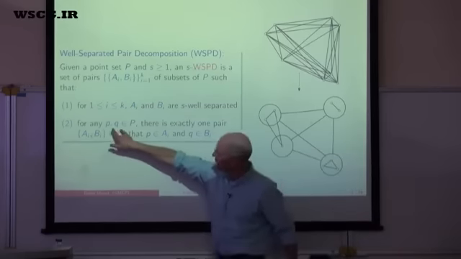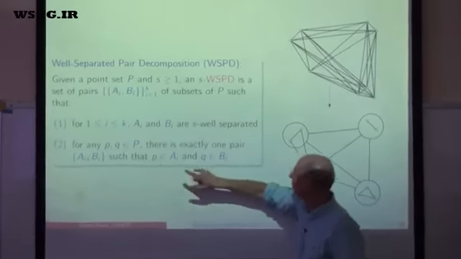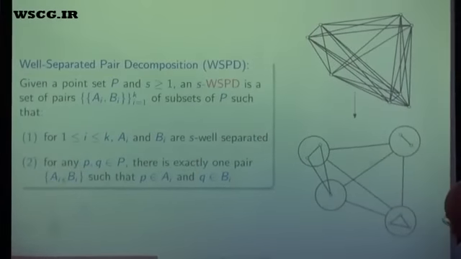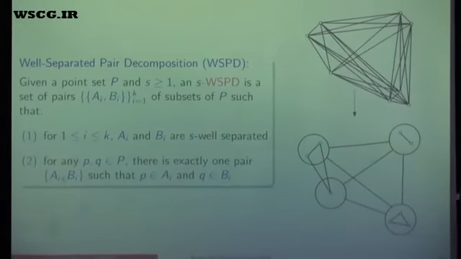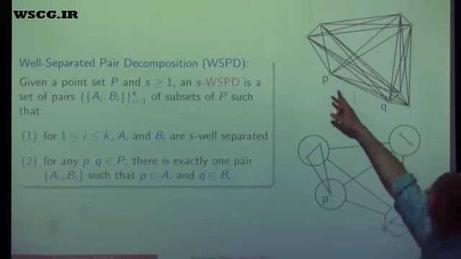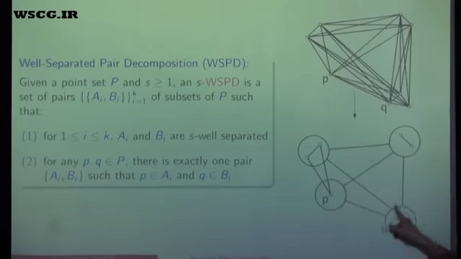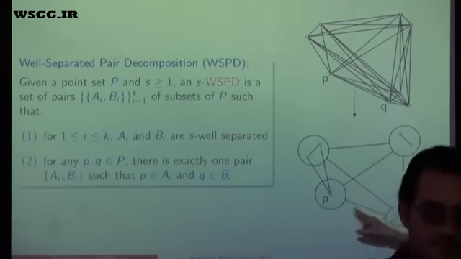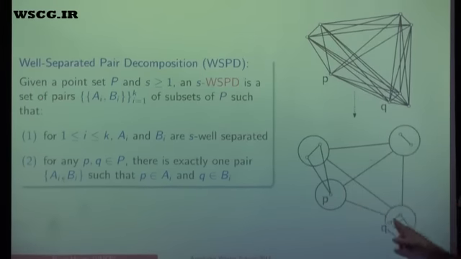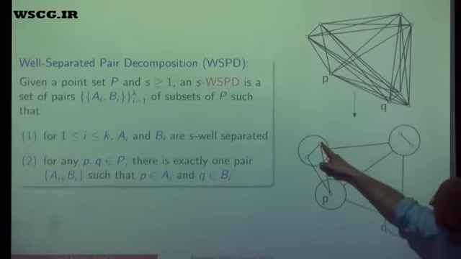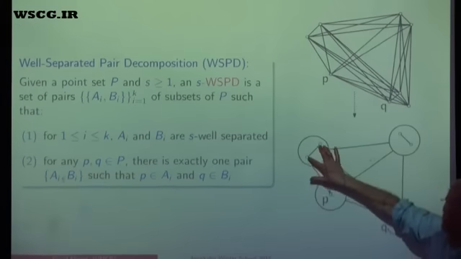And it should be the case that for any pair of points P and Q in my original point set, there should be some well-separated pair that represents that. So for example, this point P and this point Q, there is this well-separated pair here, this guy and this guy, and these essentially represent that pair. So this diagram here, I'm not sure if you can read it, but the idea is, these two points individually are well separated.